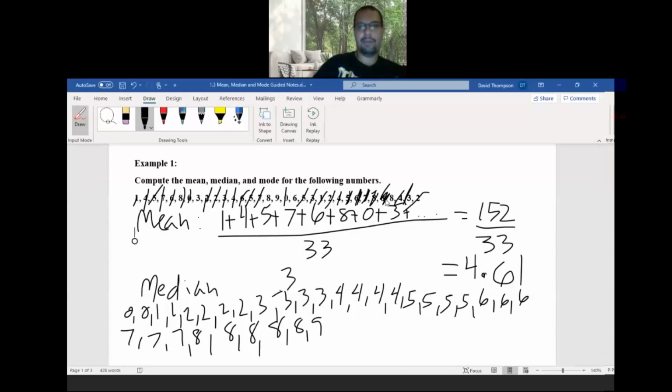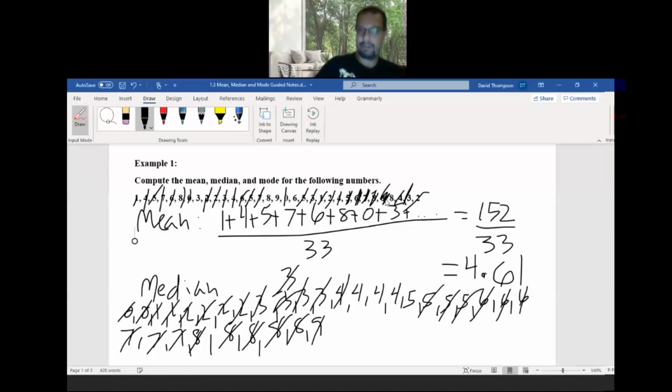Now if we just cross out numbers from both ends, we get to the middle, and our median is 4.